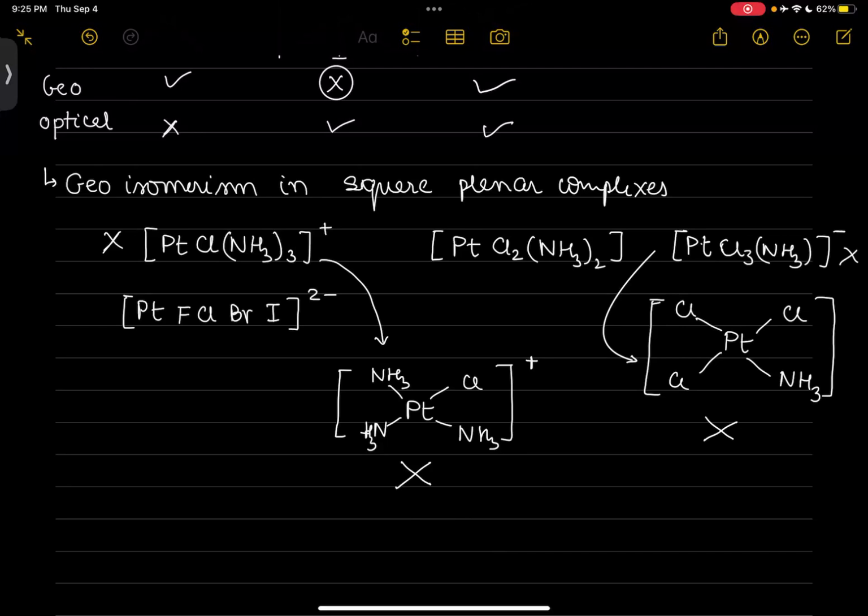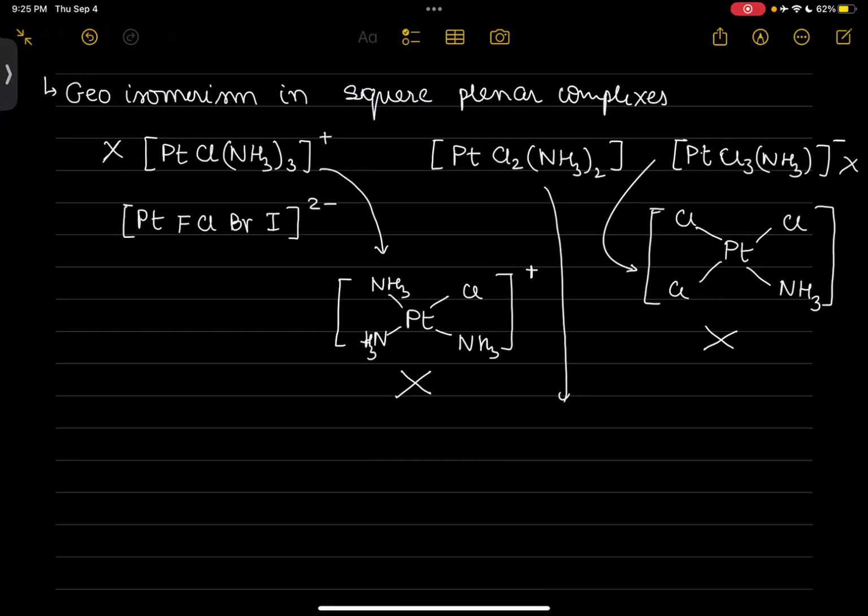No, it's not because it is unsymmetrical. You need at least two ligands of one kind and two of another kind. So suppose you have Cl, Cl, NH3, NH3. This is going to be the cis. Cis in Latin means same side. You can see the two Cl are on the same side, at 90 degrees.